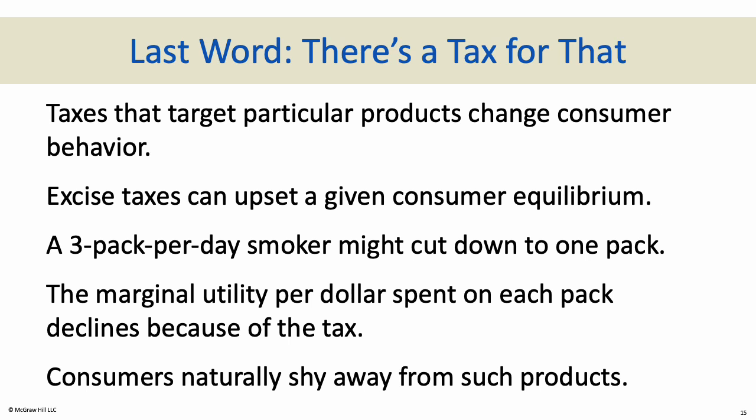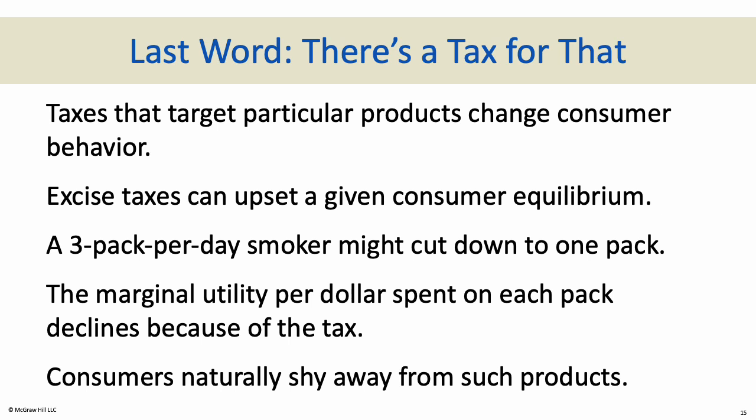People are very creative. People will always come up with ways to avoid taxes, both legal and illegal. And as a consequence, think of all of the places you might drive to another state where cigarettes are a lot cheaper, or load up on cigarettes when you go to duty free, or Native American reservations sell cigarettes basically tax free. There are a lot of ways that people can get around these things.